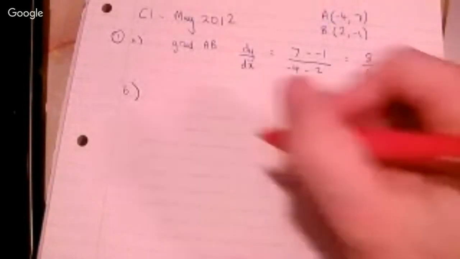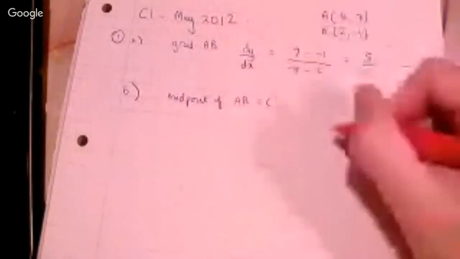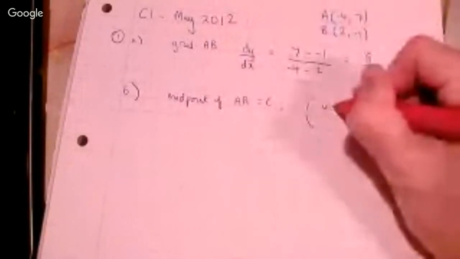For part B, I can work out here that the midpoint of AB equals C. So all I'm going to do is add the x coordinates together. So -4, add 2, and then take the average. That's what the midpoint is.